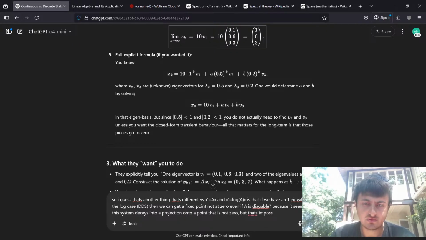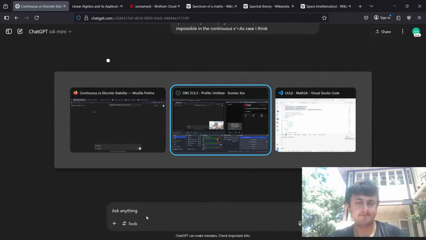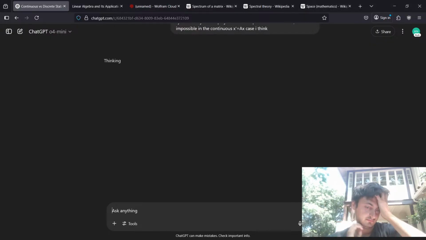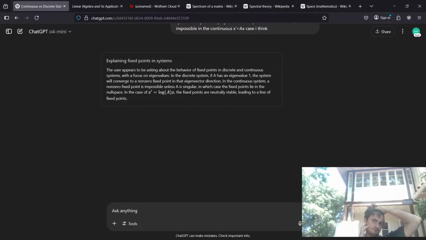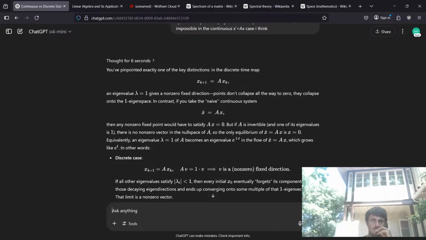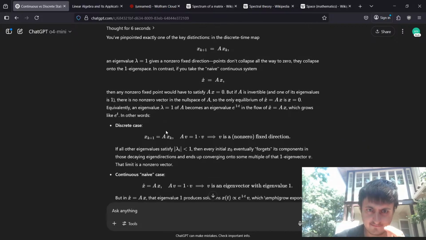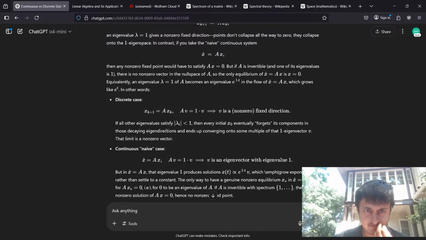That's impossible in the continuous x prime equal to Ax case, I think. I don't know why they call it the naive case.